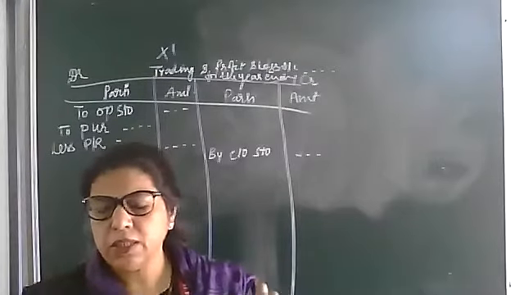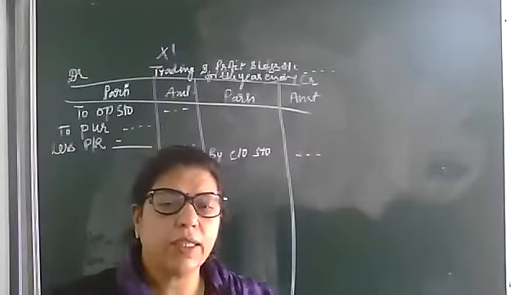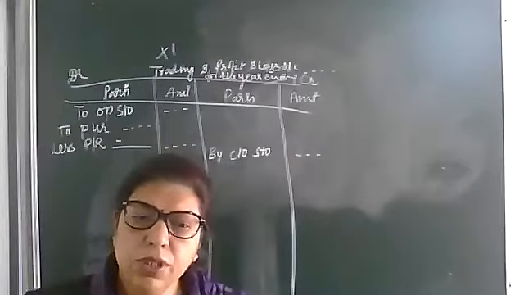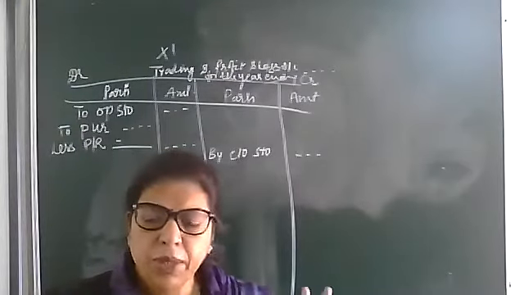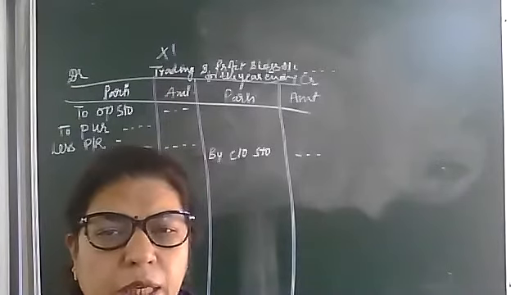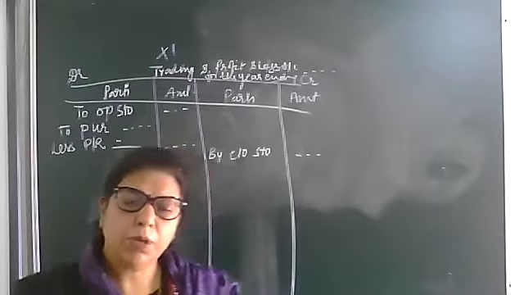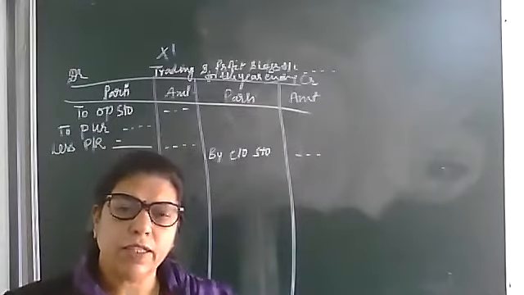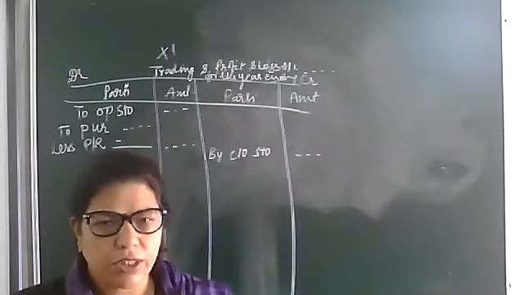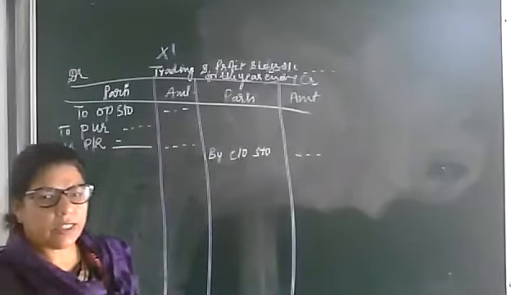Now as I told you, there are various reasons for goods return. Maybe the goods are defective, maybe not according to the specification and order, maybe damaged, maybe proper quality was not there, and maybe some terms and conditions. So goods return. Now see, it's easy to learn.